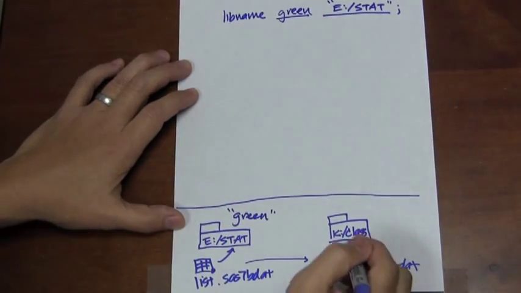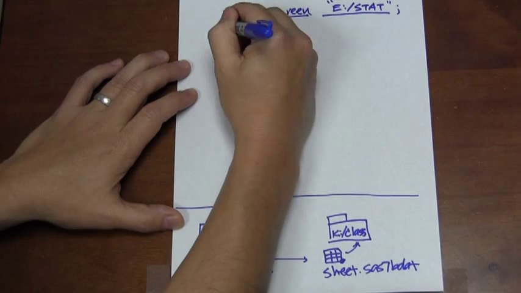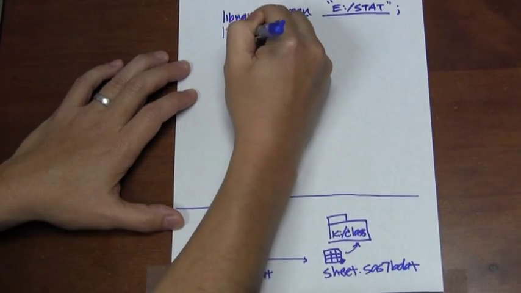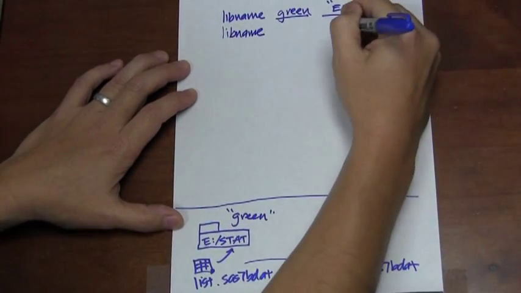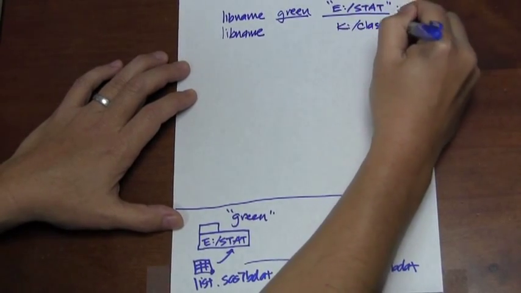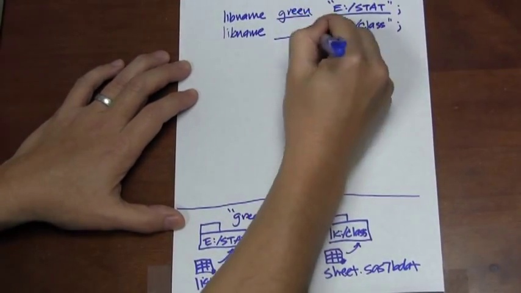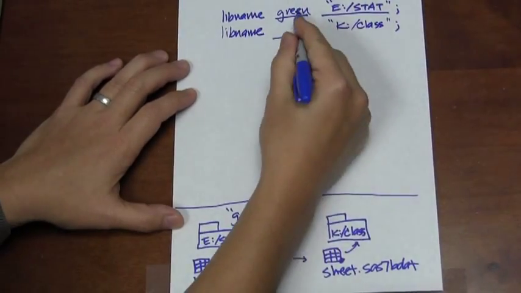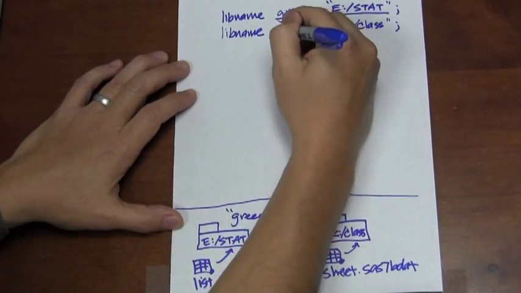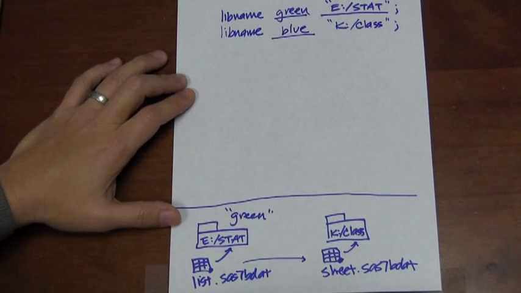And with this particular folder, I'll need to establish another type of link. That particular location is on the K drive. The folder is called class, and you could again call this whatever you want, as long as it's not the same name as that, or else it'll be confusing. And so I'll just call this blue. And we'll see how that's going to come into play.